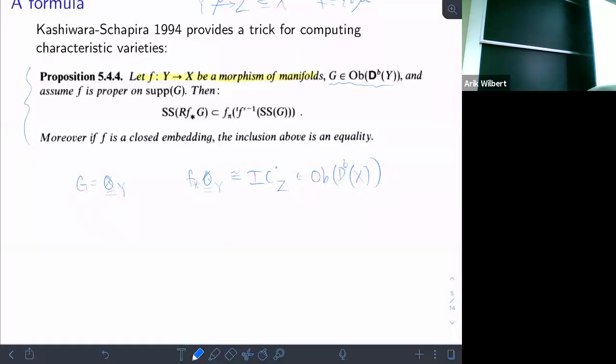Okay, so if we apply this in this situation, we'll say the singular support of intersection homology on Z is contained in whatever this thing is, and I'll describe this: the singular support of G, where G is the constant sheaf.